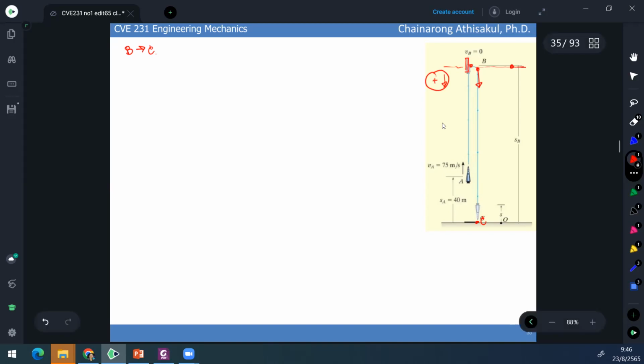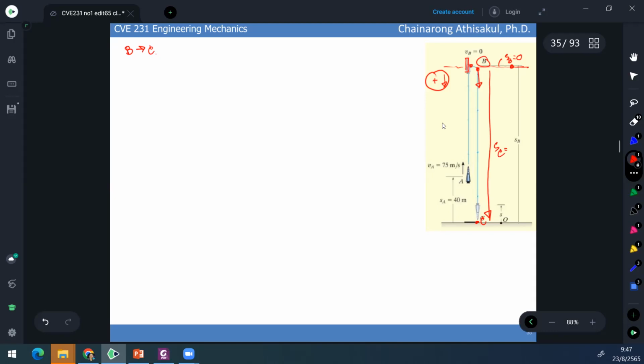If we set the starting point at point B, it means SB is equal to 0, because it is the starting point. And it moves down to the ground, which is SC.